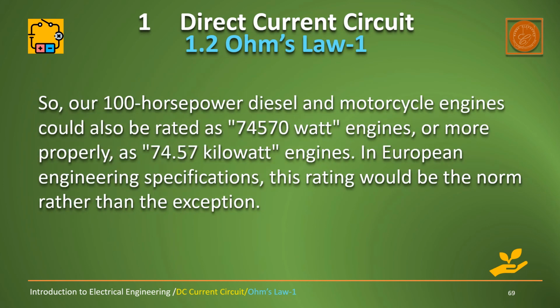So our 100 horsepower diesel and motorcycle engines could also be rated as 74,570 watt engines, or more properly as 74.57 kilowatt engines. In European engineering specifications, this rating would be the norm rather than the exception.